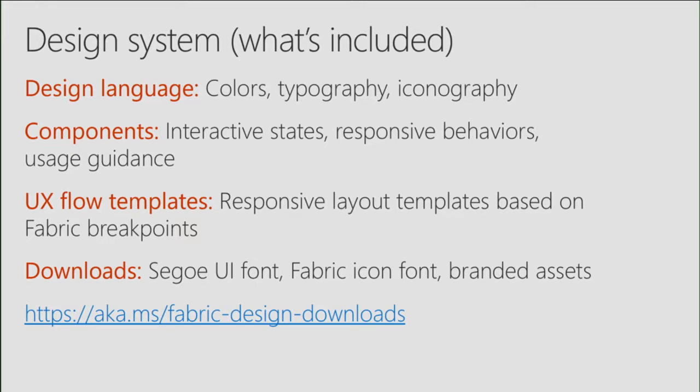So these are things like colors, iconography, typography, UI components, including their interactive states, responsive behaviors, as well as guidance for how to use them, flow templates, so that if you're building out a UI, you'll have a template for how those might look, as well as downloads and resources, such as Segoe UI, the icon font, and branded assets. This is actually a pretty big deal. None of these have actually been made available to download and install before. And so as of this week, they're now available for you to install and use if you're designing extensions for Office 365.